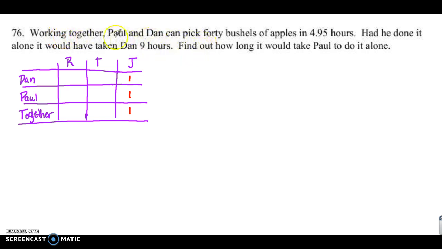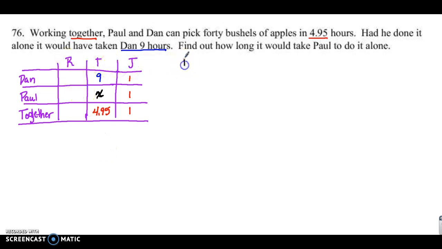So from the information that we know when they picked them together, it took them 4.95 hours. So when I fill in my chart, my time together is 4.95. And then I also know from my information that had he done it alone, Dan would have taken 9 hours. So for Dan, his time would have been 9. And then what I'm looking for is how long is it going to take Paul to do it. So I'm going to put an X in Paul's spot because that's what I'm looking for.